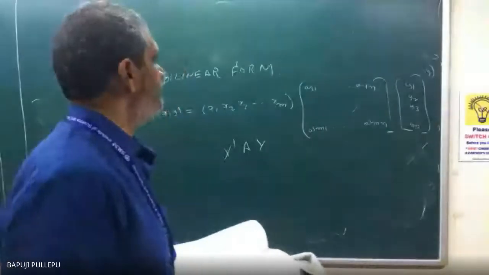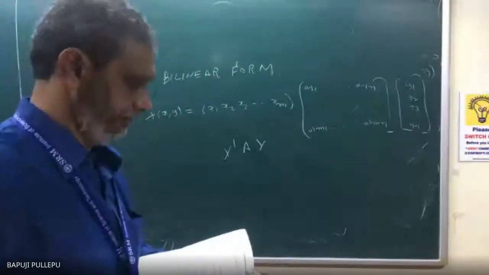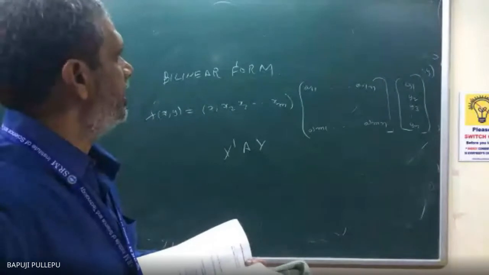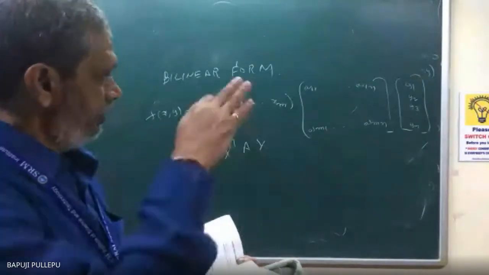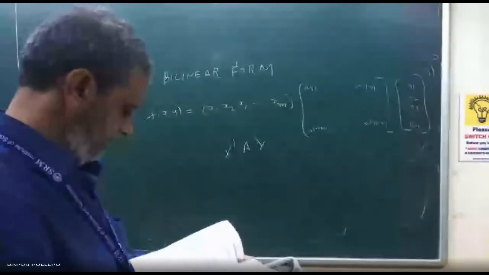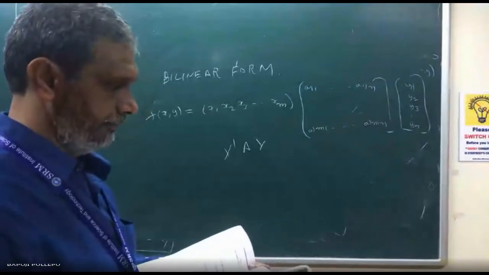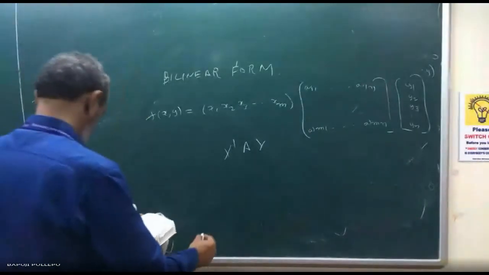If you multiply this, what will you get? First row, first column you will get a11 x1 y1, like this. Correct or not? So you will get the whole equation.